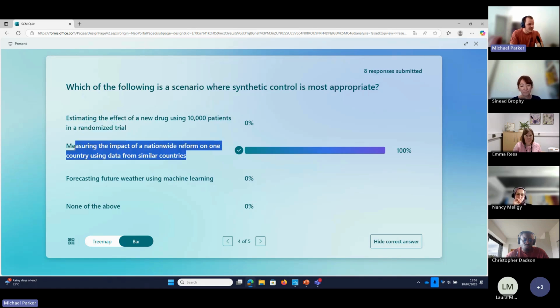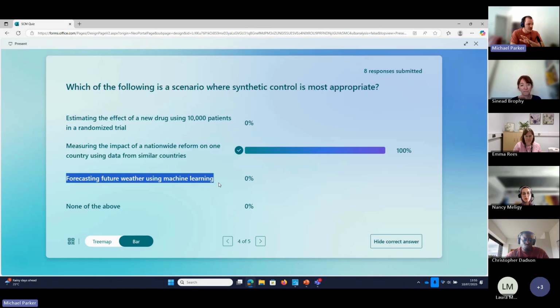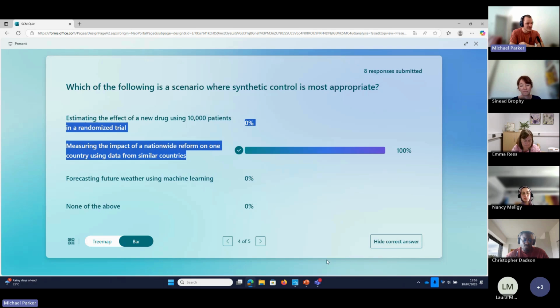So measuring the impact of a nationwide reform. So as I said frequently, this is really good at studying high-level policy implementation. Forecasting future weather using machine learning. It's not machine learning, and future weather would be incredibly hard to predict with this method. We can't predict the future with this method anyway, and it isn't none of the above because it's B.